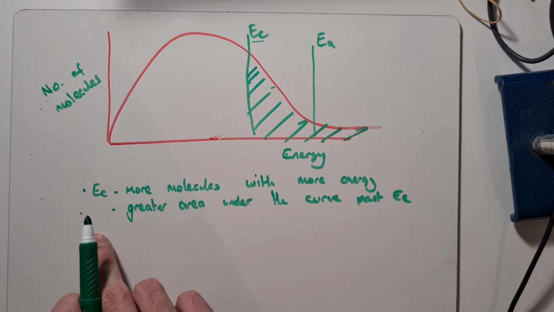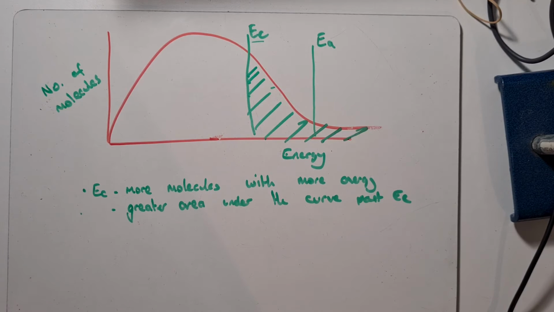The next thing you got marks for in this was to say that with a catalyst, or the advantages of a catalyst, we've got reactions taking place at lower temperatures, or the reaction can take place at lower temperature.